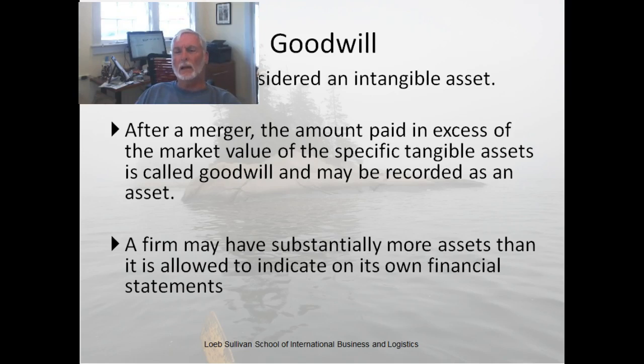So the market value of tangible assets we can figure out. So let's take a simple example. If I am running a landscaping firm and I have 100 customers, each of whom spend about $2,000 a year with me. So I have $200,000 of revenue, my landscaping firm.